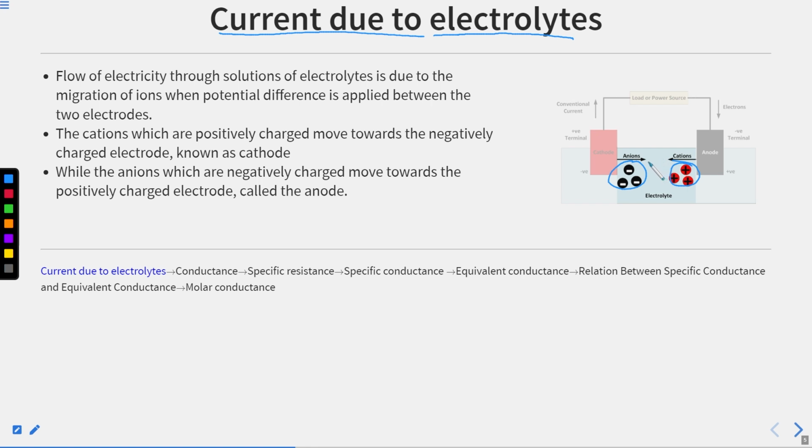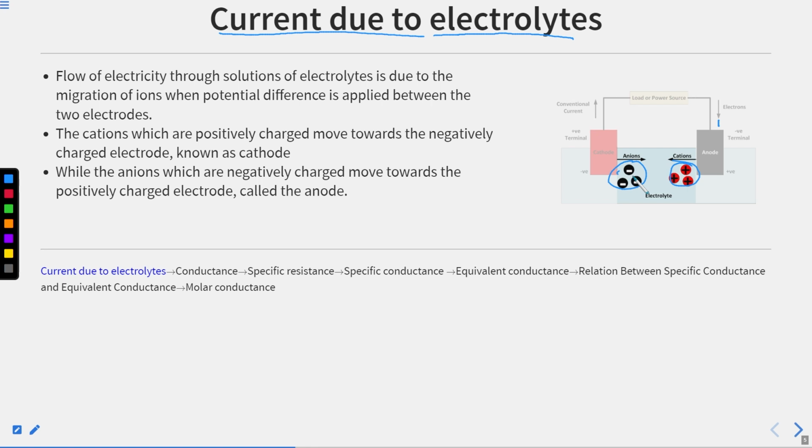Now how does this electrical conduction work? Since there is movement of charge here, what will happen? After the cations move here and the anions move here, the anions will release the extra electron and it will flow in this direction.